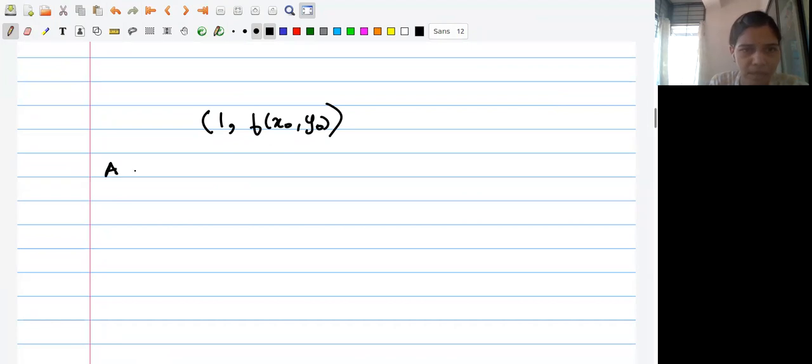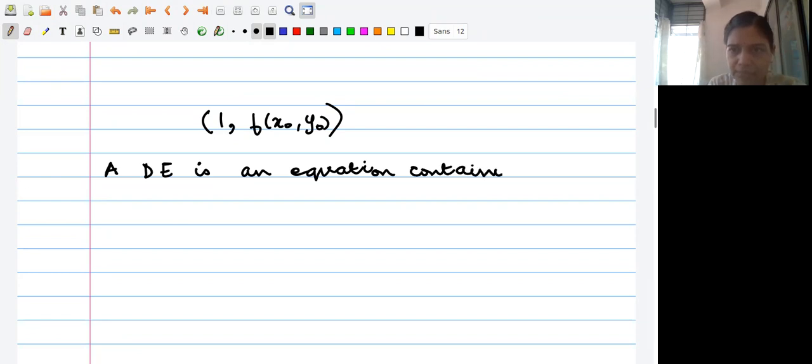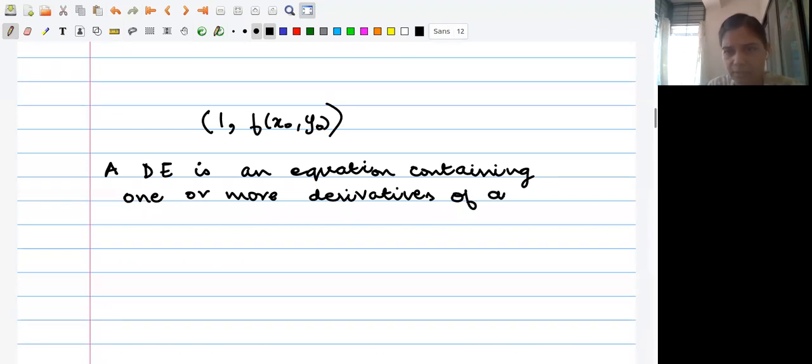So a differential equation is an equation containing one or more derivatives of an unknown function.